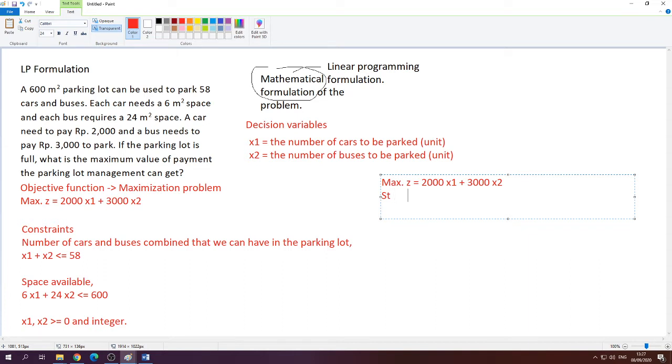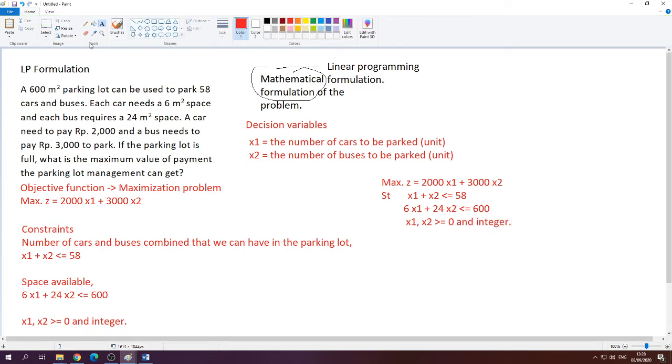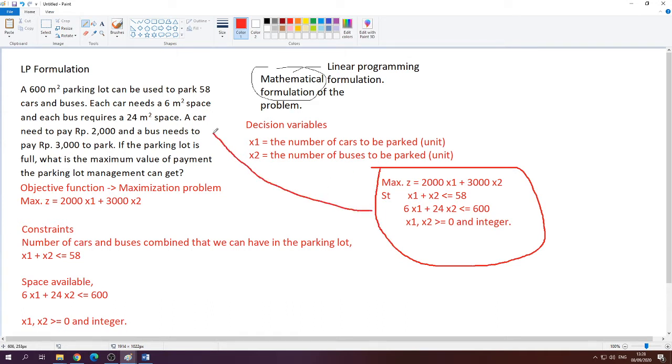Our first constraint is x1 plus x2 less than or equal to 58, and the next one is 6x1 plus 24x2 less than or equal to 600, and then the non-negative constraint and the integer constraint: x1, x2 bigger than or equal to 0, and they must be integers. So this is the linear programming formulation for this problem.